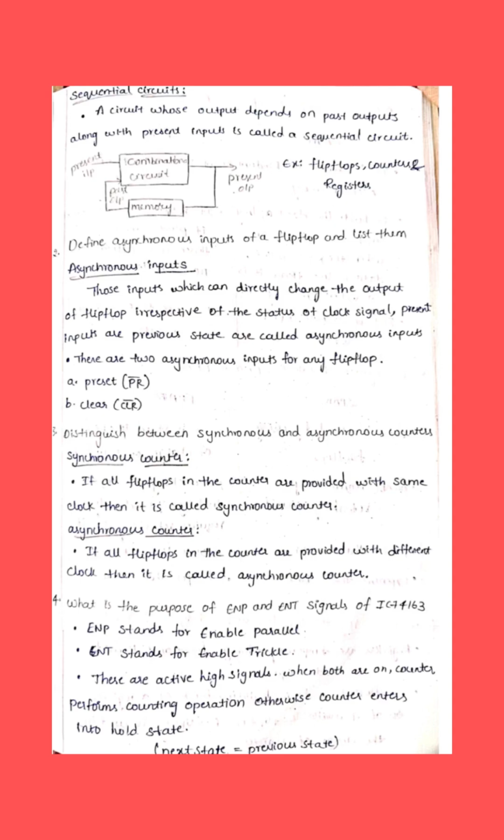These are two active high input signals, and when both are on, the counter performs the counting operation; otherwise the counter doesn't count anything and enters the hold state. So what is the hold state? The next state is equal to the previous state. So this is about the third question.